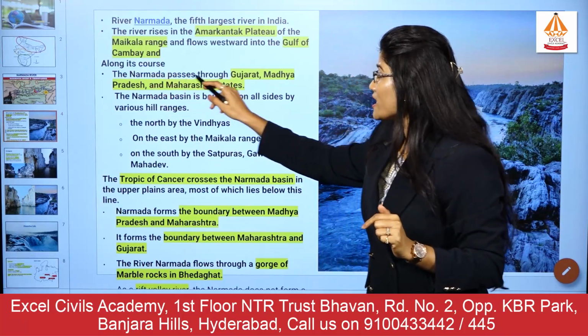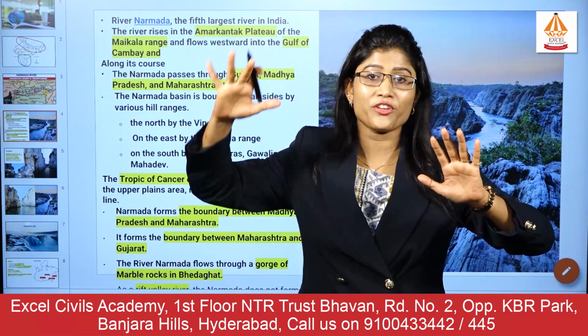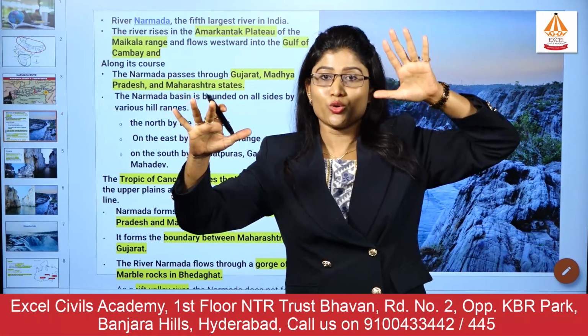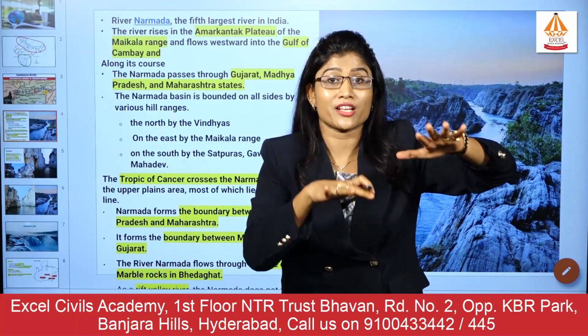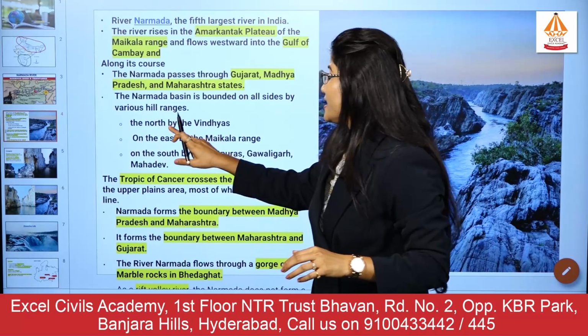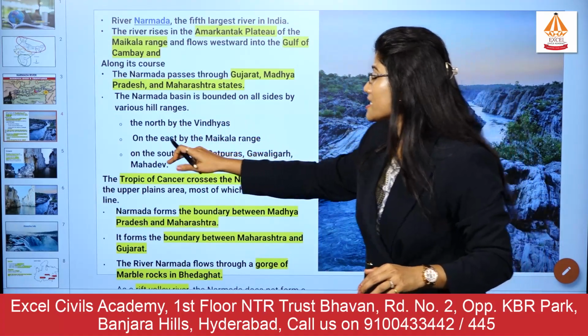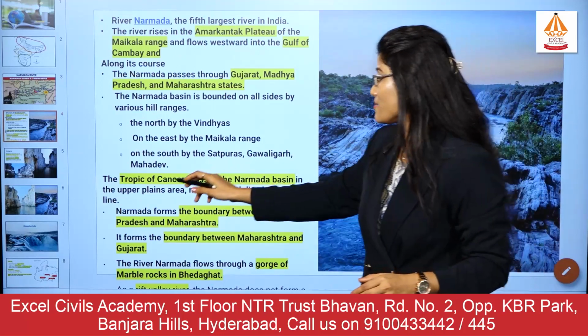Through its course it flows through three states. One is obviously Madhya Pradesh, then Gujarat, and then a very small portion of Maharashtra. On the northern side it is bounded by the Vindhyas, on the eastern side by Maikal, and on the southern side by Satpura, Gawilgarh as well as Mahadev.